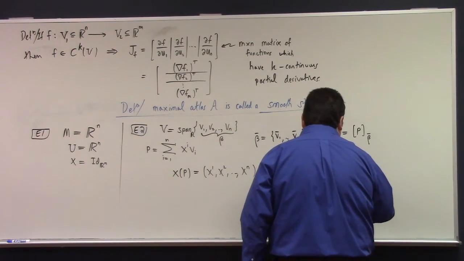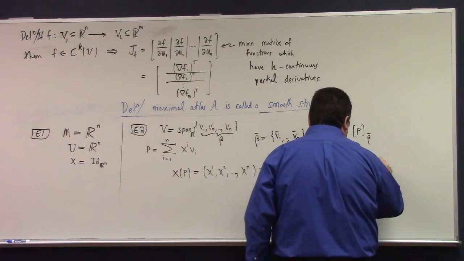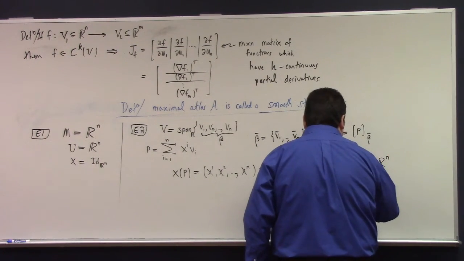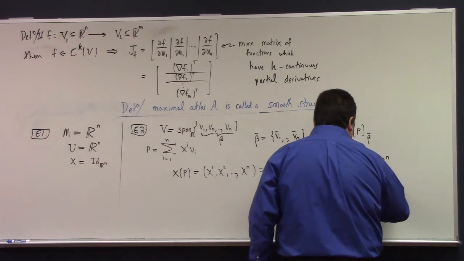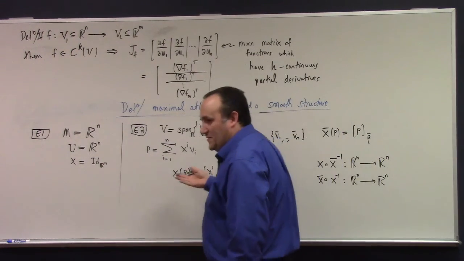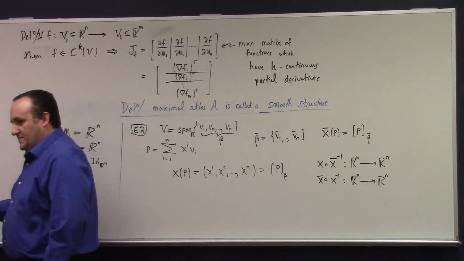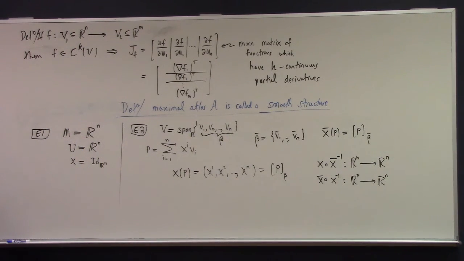These are straight up mappings from Rn to Rn, because in this context all that green funny business doesn't go on. What's the overlap of the chart domains here? Well, the chart domain is all of the vector space. So they overlap everywhere, and so the transition functions are actually transition functions on the totality of Rn.